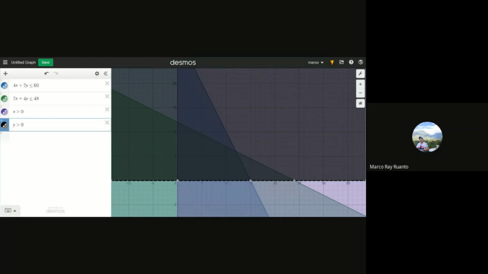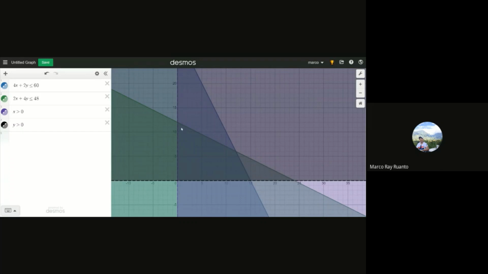And for all the common shaded region, we have this part, this quadrilateral. I don't know how to mark this one, but anyway, I will just state the intersection points.